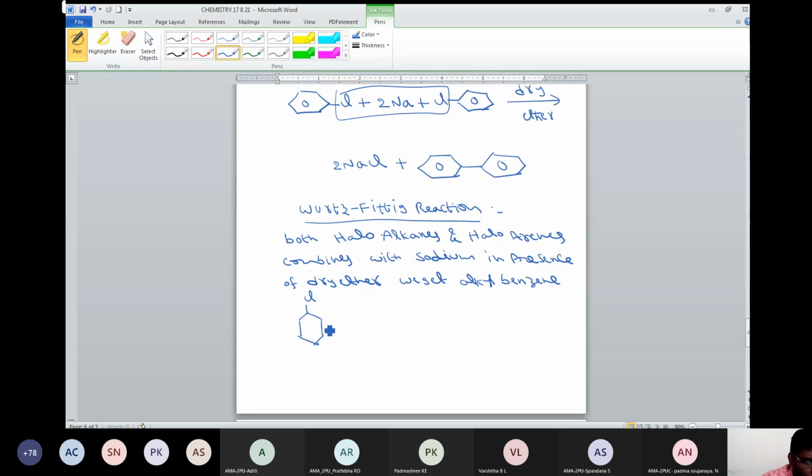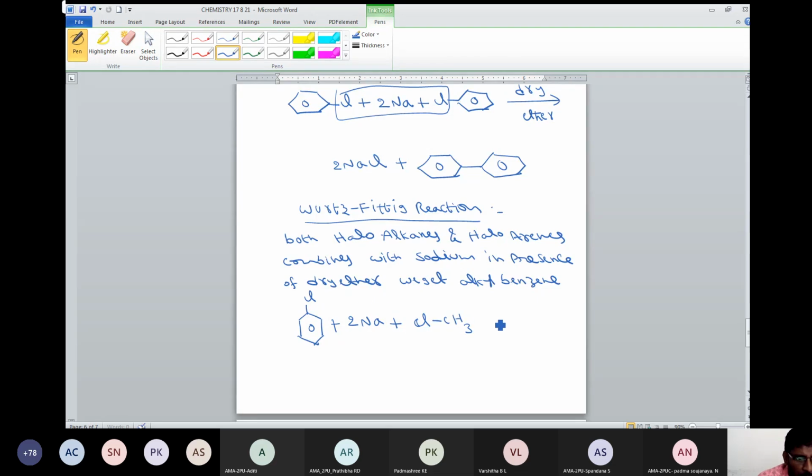This haloarene combines with 2 sodium. Another I am taking is a haloalkane, anything like ClCH3.